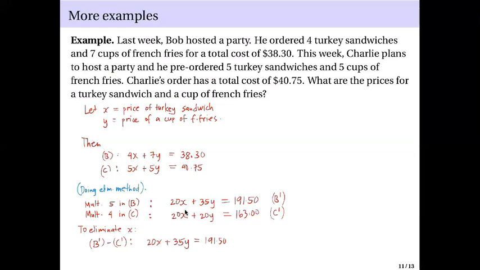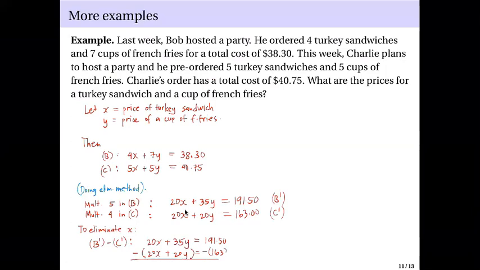And for your C prime, there's a minus here, quantity 20x plus 20y, equal to 163.